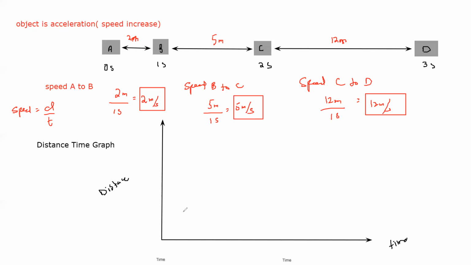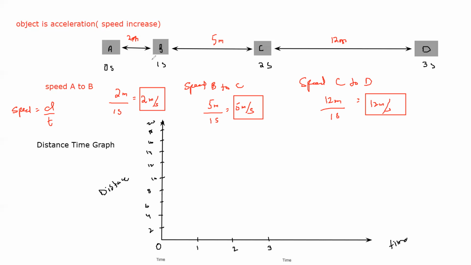And we take the time interval, for example, this is 0, then 1, 2, and 3. And the distance, for example, 2, 4, 6, 8, 10, 12, 14, 16, 18, and 20.